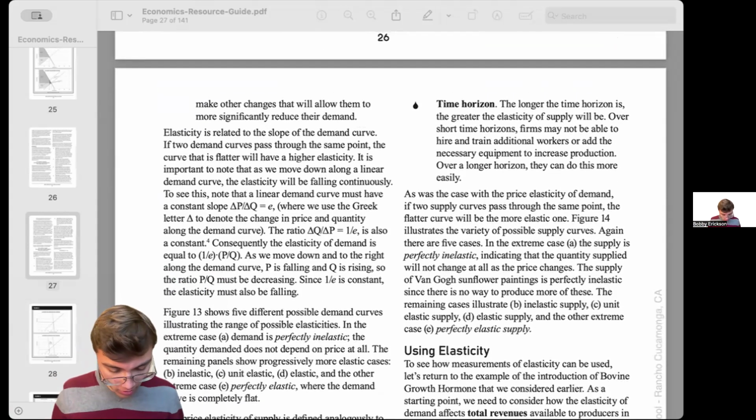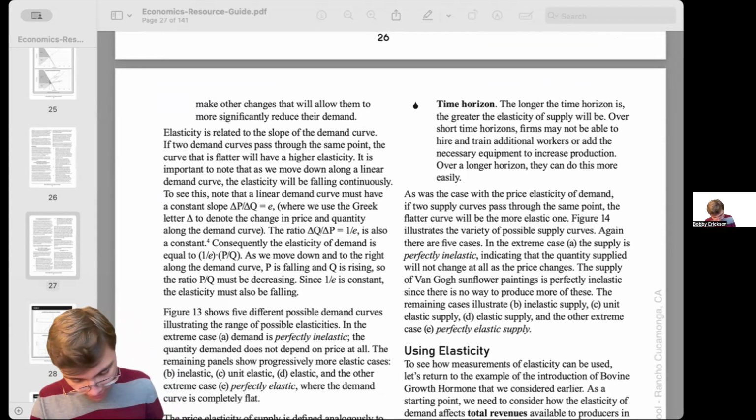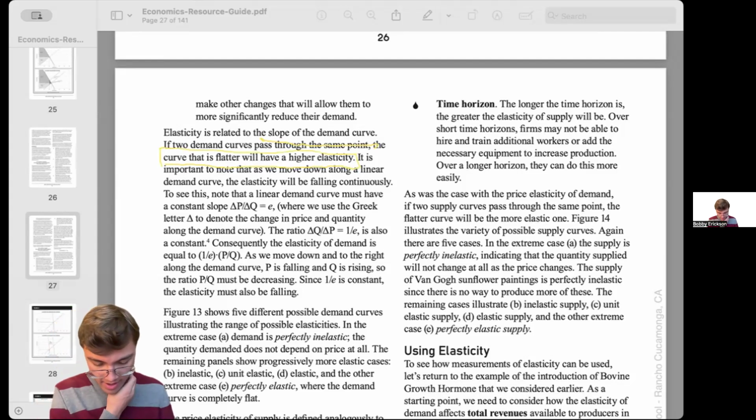As I talked about earlier, the elasticity is very much a big part of the slope of the demand curve. The curve is flatter if it has higher elasticity. So flatter curve equals higher elasticity. And along a linear demand curve, elasticity is falling continuously.